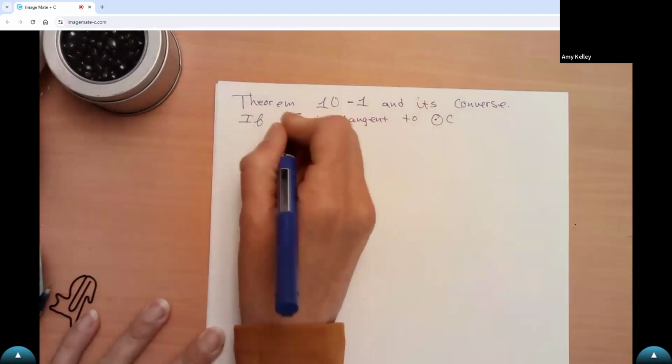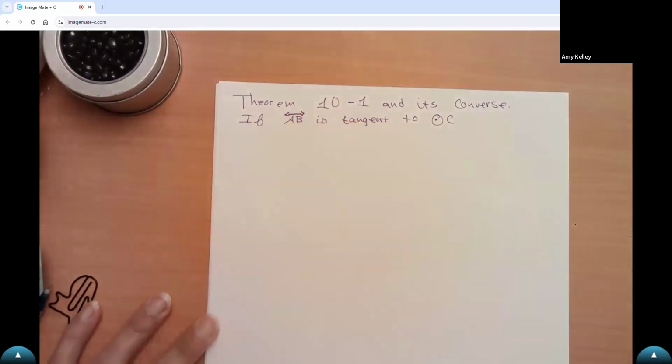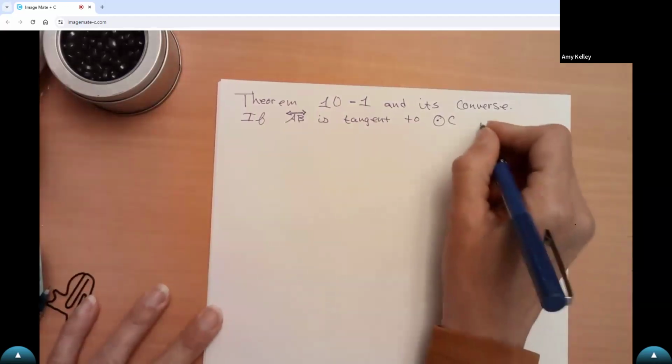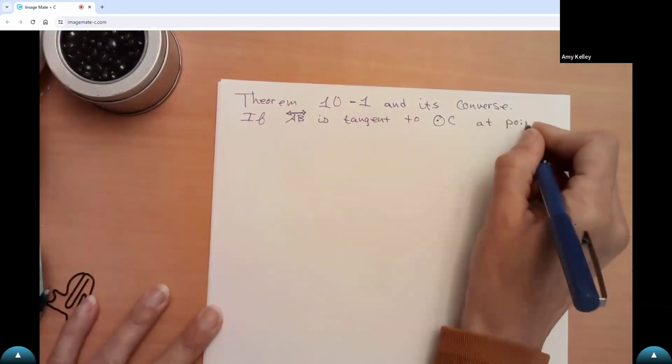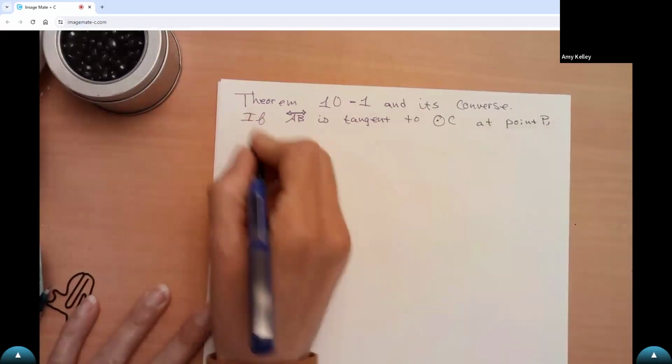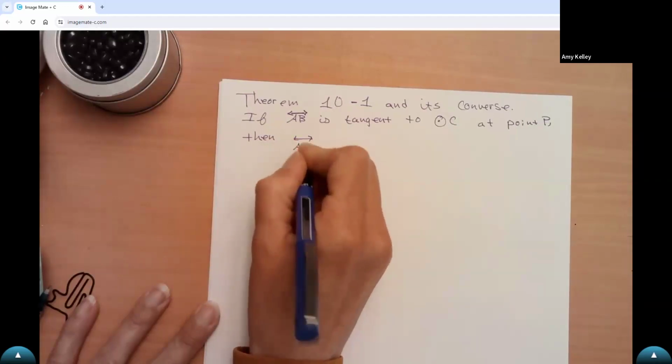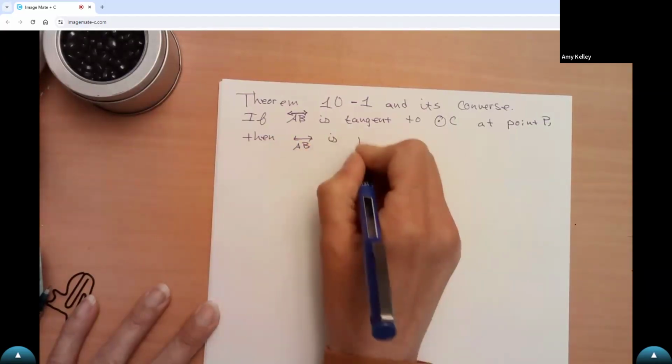Okay, so I'm going to change the notation. We'll make that line AB instead of line segment. So if line AB is tangent to circle C at some point P, then that means line AB is perpendicular to P.